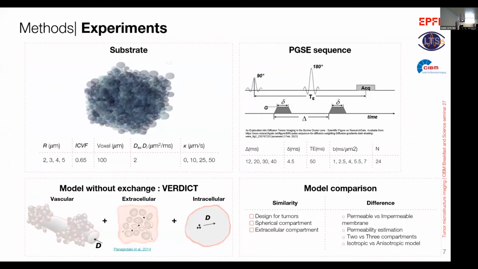So as you can see, the intracellular compartment and the extracellular compartment are the same. The differences come from the third compartment, because as you can see, you have an additional one here, the vascular compartment, that models blood vessels in the tumors. And this model assumes an impermeable membrane, which means that you have no exchange between the compartments.